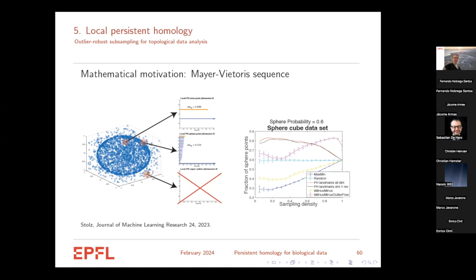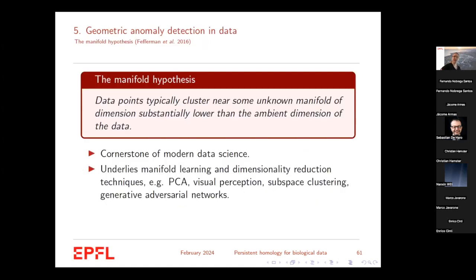And so it turns out that these really outperform the existing sampling techniques, just taking this local persistent homology into account. Now we can use a similar approach to work with data that doesn't satisfy the manifold hypothesis. The manifold hypothesis underlies very many data science techniques nowadays.